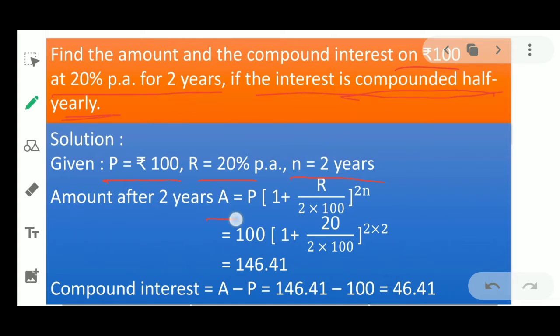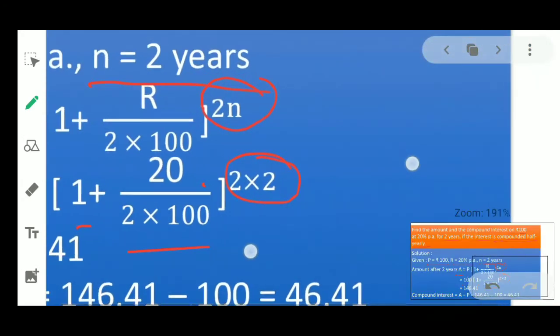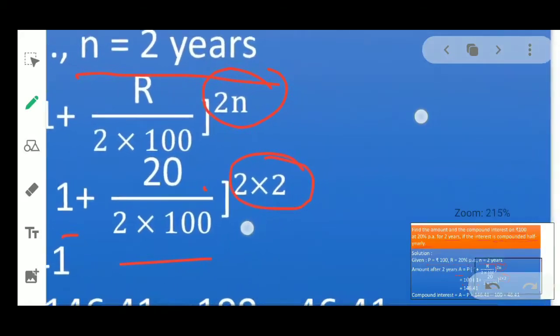So the formula of amount will be P into (1 + R/(2 into 100)) whole to the power 2n. Now for the values of P, R and n, it will be 100 into (1 + 20/(2 into 100)) whole to the power 2 into 2. Now this will be 146.41. Let me show you.